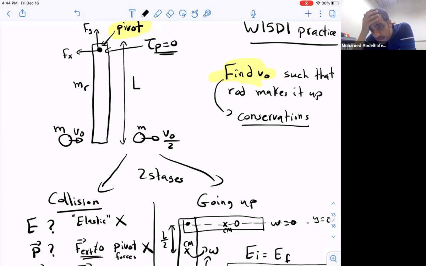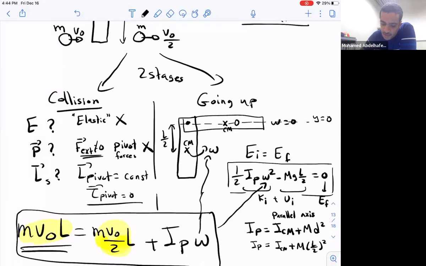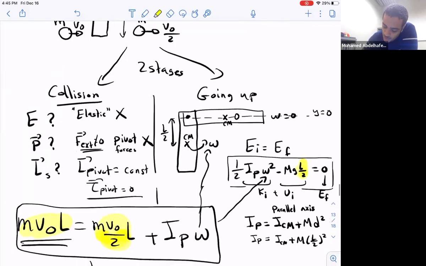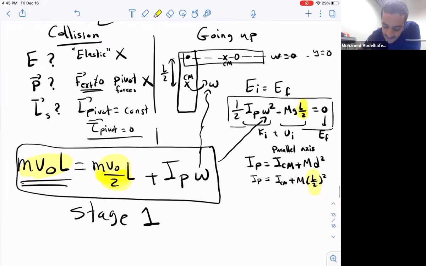Is omega acting at the center of mass, that's why the rotation varies from the pivot to the center of mass of the rod? For the question, are you talking about the height, the L over 2 in the height here, or are you talking about the L over 2 in the parallel axis theorem? Okay, so for the height, it's because gravity acts at the center of mass, not omega.